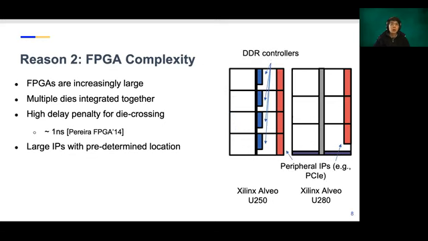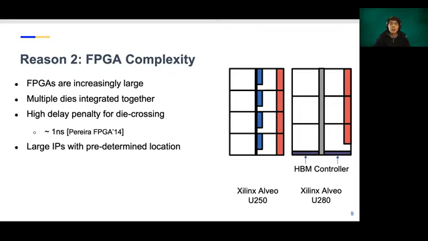In addition, large IPs and hard ASIC blocks are also integrated among the traditional programmable logic. For example, the PCIe IP and the DDR controllers. These IPs are fixed to certain locations and will consume a large number of resources nearby. So similar to the die boundaries, these IPs effectively form physical barriers as well.